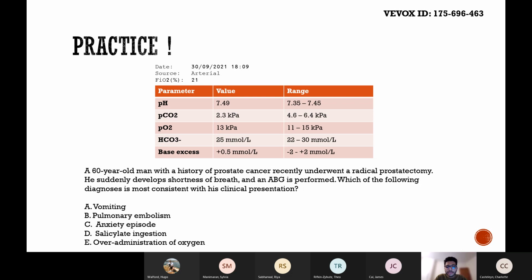And he suddenly developed shortness of breath, and he's now got a respiratory alkalosis. This is because he might have developed a PE and is now fighting for breath. And this might deteriorate into a type 1 respiratory failure, depending on what happens. If anybody knows the treatment for a PE, then do post it in the chat and we can talk about it later on if we get time.